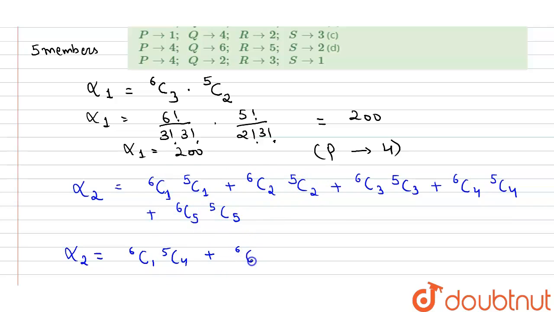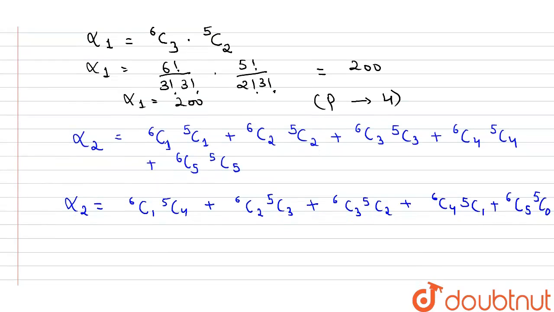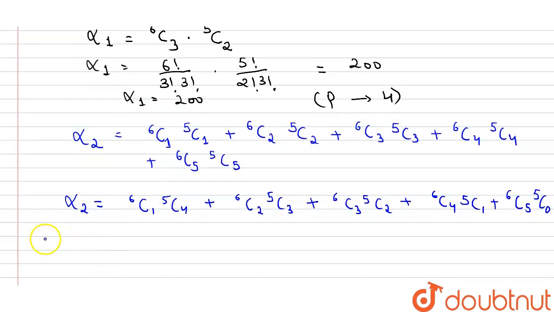So 6C2, in the place of 5C2 we can write 5C3, plus 6C3, 5C2, plus 6C4, 5C1. In the place of this we can write this. Now 6C5 and 5C0. Okay, we can write it like this.